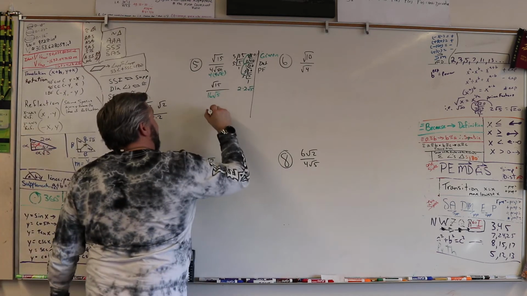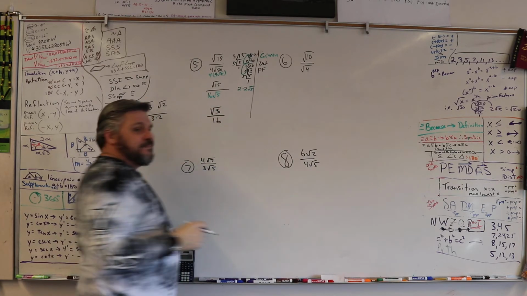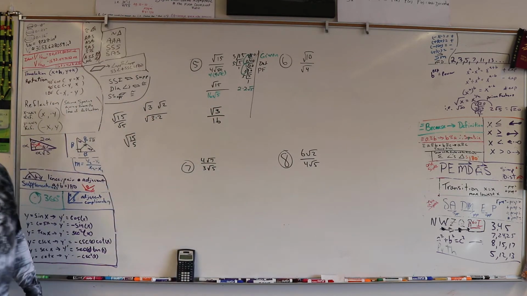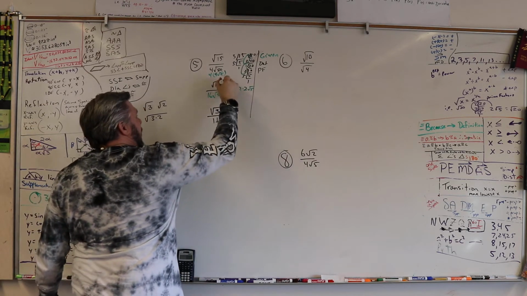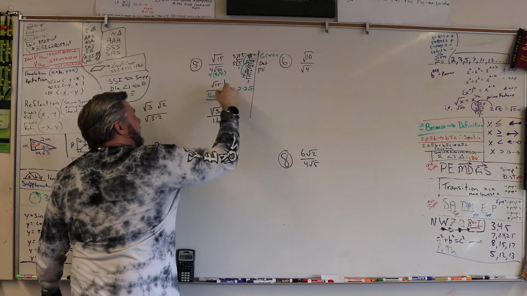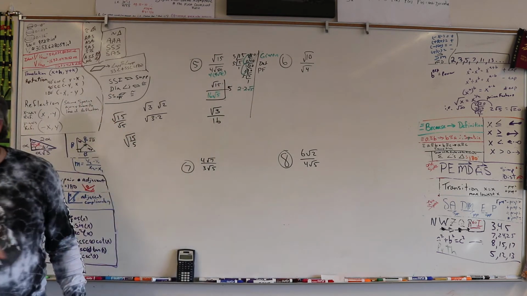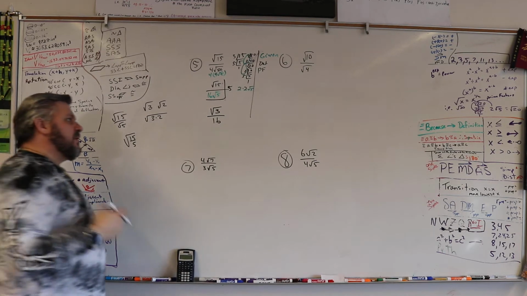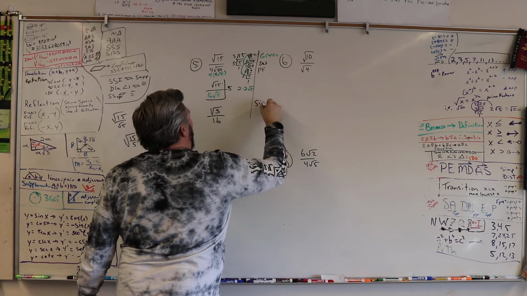So we're left with the square root of 3 over 16. So that's all we did. Is we said, hey, what goes into 5 and 15? 5. How many times? 3 and 1. But the square root of 1 is just 1, so we don't need to write that. Okay? And that is simplifying.